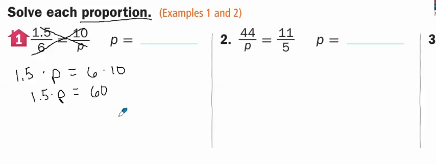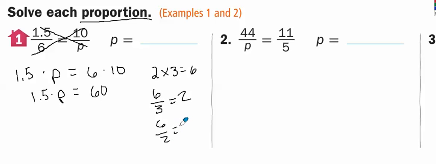Now we have to go back to elementary school and think about fact families. In elementary school, we learned that fact families work like this. If 2 times 3 has a value of 6, then we also know that if we start with a product, we could say 6 divided by 3 is equal to 2, or 6 divided by 2 is equal to 3.